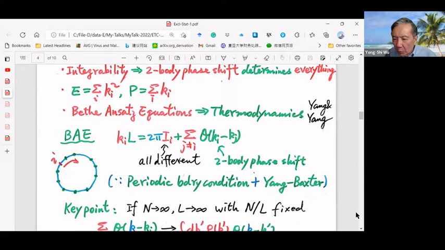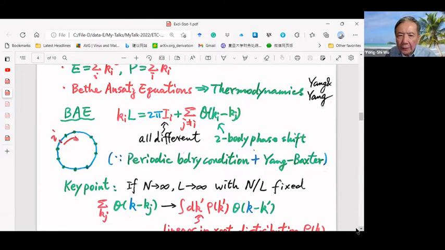This was shown actually in the late 60s by C.P. Yang and C.N. Yang, C.N. Yang and his younger brother. Then the Bethe ansatz equation gives us this formula for counting of states. Here, theta of k_j, k_l is the two-body phase shift. And the first term is the choice of some integers, okay.